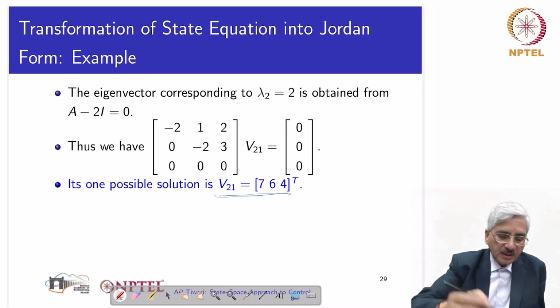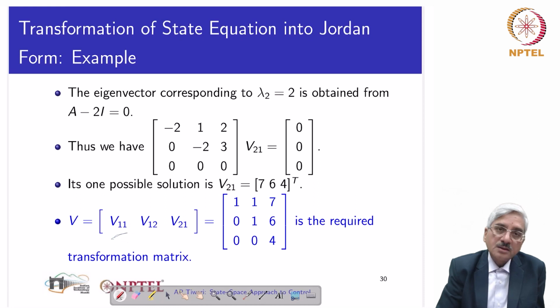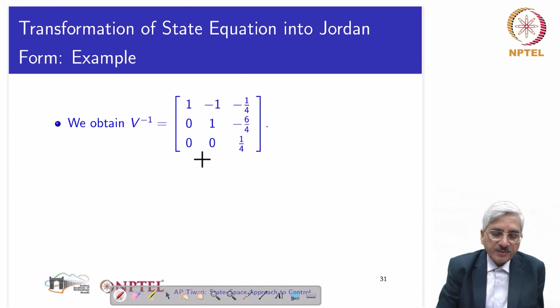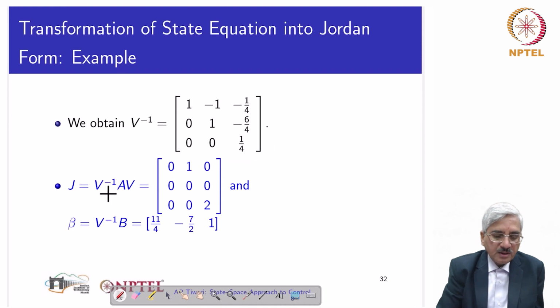And so we assemble these three vectors V11, V12 and V21 to obtain this V, and it is the required transformation. So next slide, we obtain V inverse, which comes like this, you can verify, and V inverse AV will come like this, V inverse B will come like this. Now please note, one of the eigenvalues was repeated, so we get a Jordan block, this is lambda 1, lambda 1, and 1 and a 0.